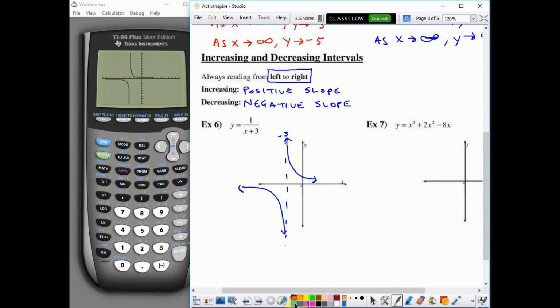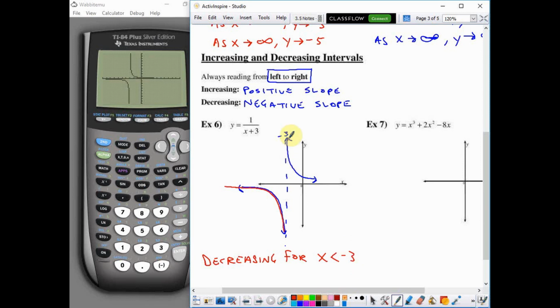So as I trace this graph from left to right, it's falling, so it has a negative slope here. So I would say that this graph is decreasing for all x values that are less than negative 3.